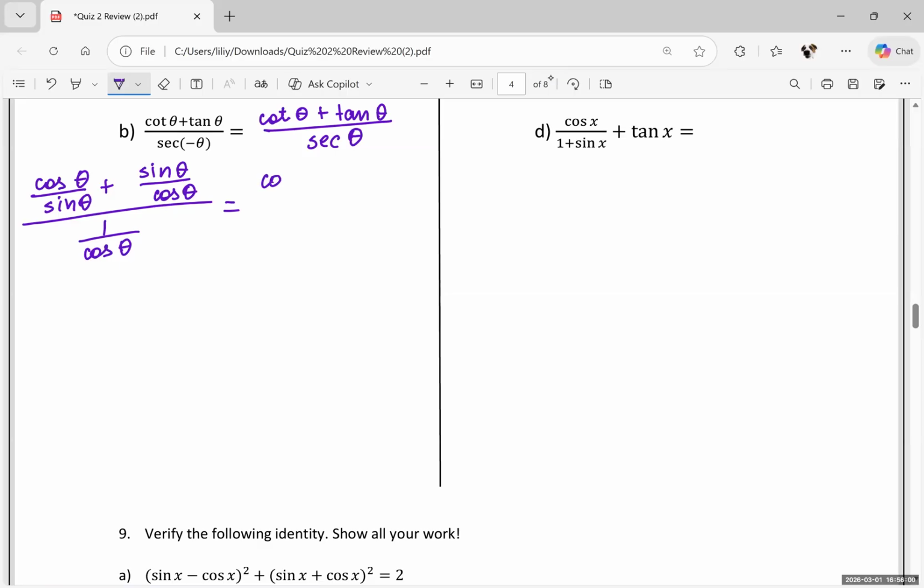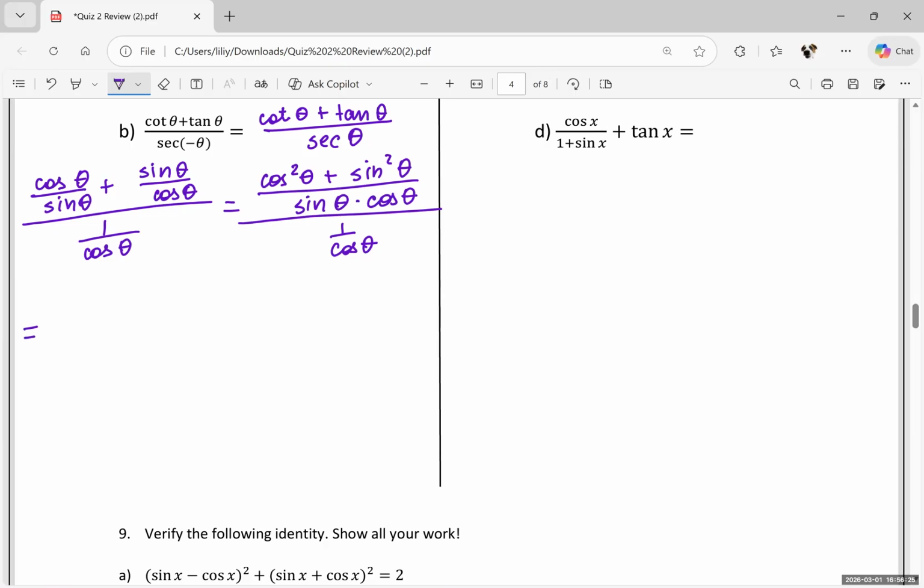So this is cosine squared theta. Plus, the second fraction will be multiplied by sine over sine. So this is sine squared theta. They have a common denominator of sine theta times cosine theta. Then there's still 1 over cosine theta on the bottom.